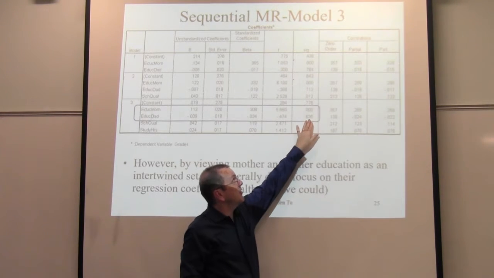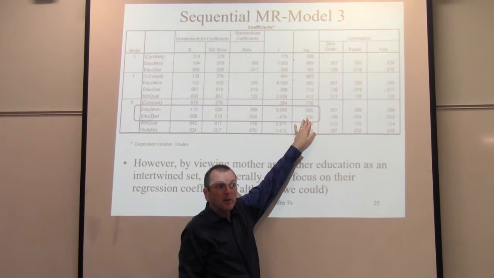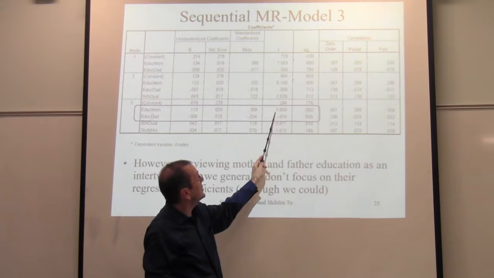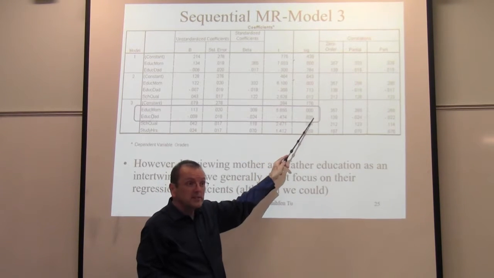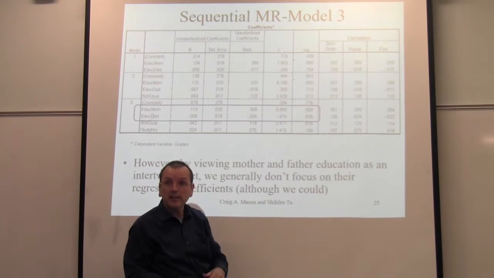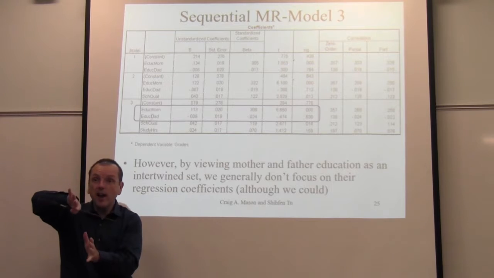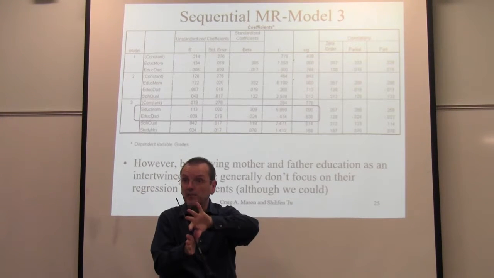You can think of them as a team. We treated them as a team. But in this case, mom's education is the Shaquille O'Neal of that relationship. That's very significant. The effect of dad's was not. Dad's education uniquely did not have an effect. Mom's education uniquely did have an effect.